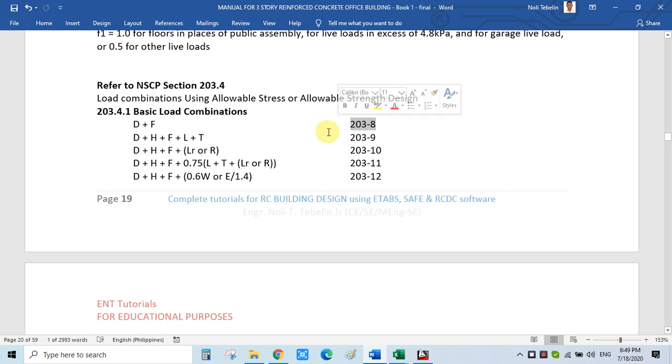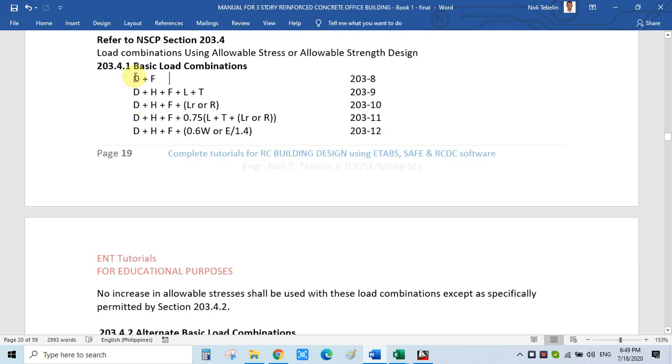Okay? So, 203-8, dead alone, and plus F, and 203-9, dead load plus live load, 203-10, dead load plus roof live. So, binabasa ko lang ito. I am disregarding the notation that is not applicable to our building design. That's why I am not mentioning H and F like so. Okay?